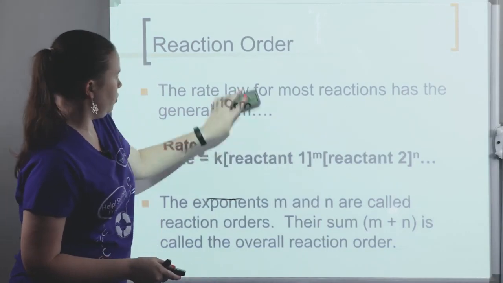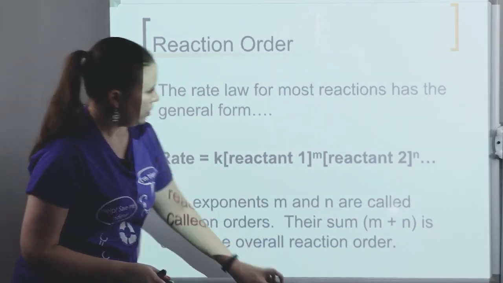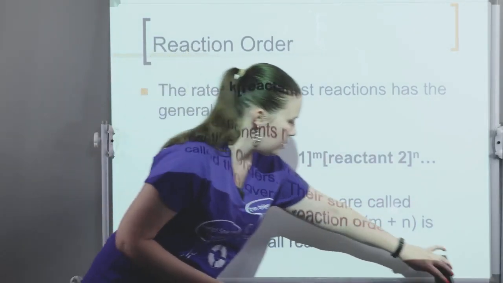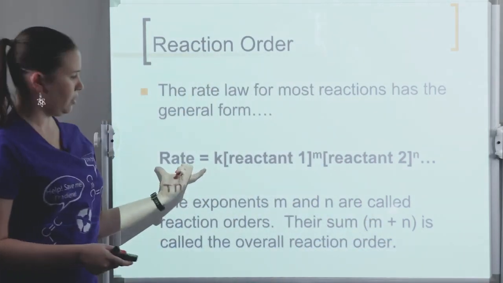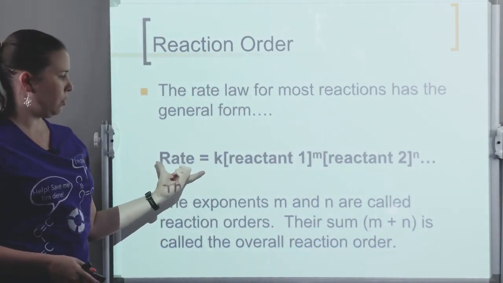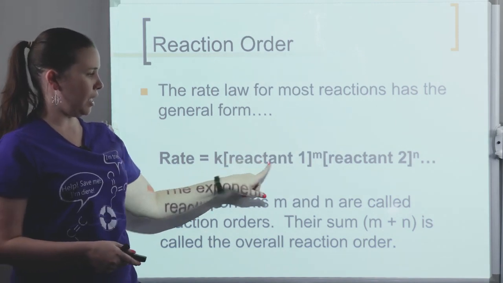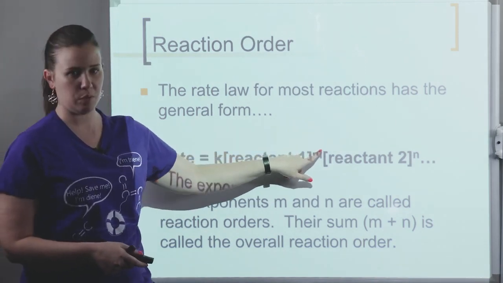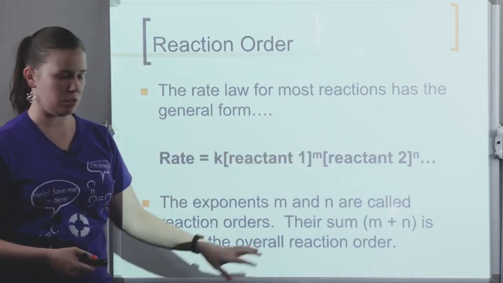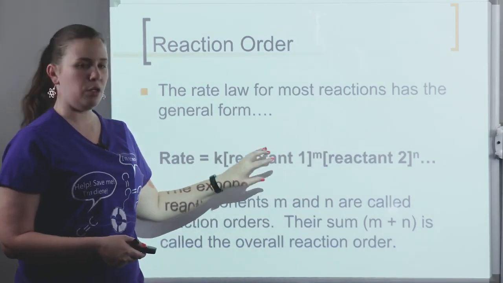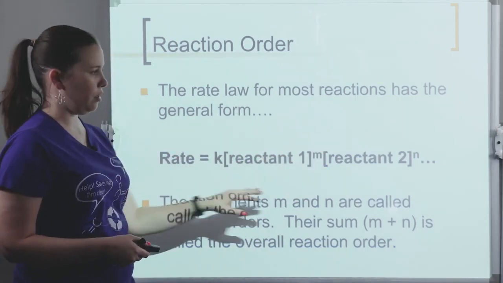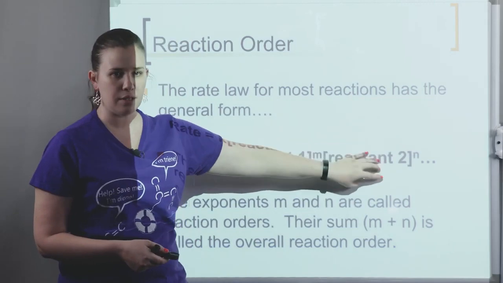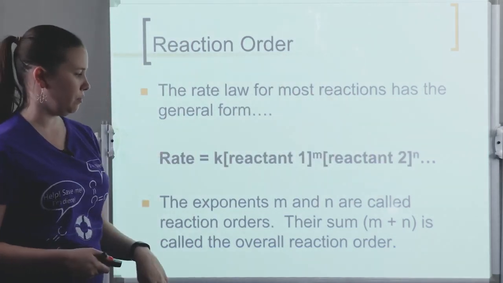So the general format here is that you always write rate equals, and yes, I will take off the point if you leave that off. That's part of the rate law expression. Rate equals K times the reactants, each raised to an exponent. We'll talk about where these exponents come from in just a minute. M is showing you how the first reactant affects the rate. N is showing you how the second reactant affects the rate, and so on.